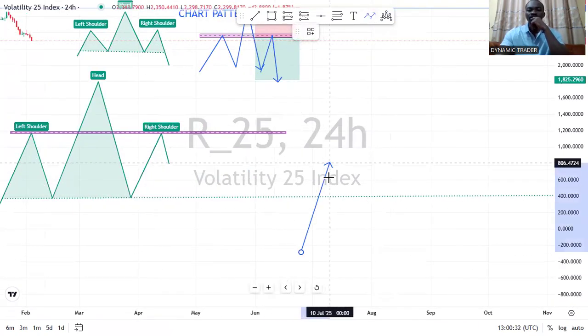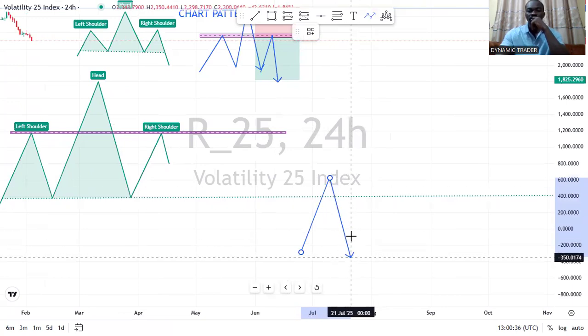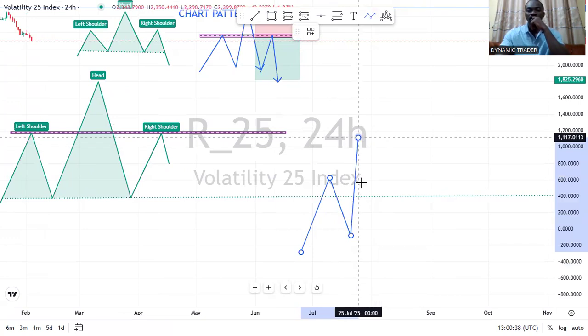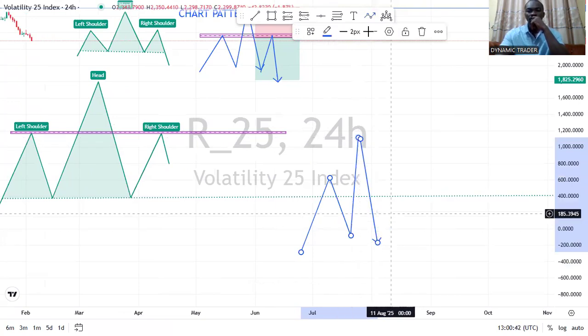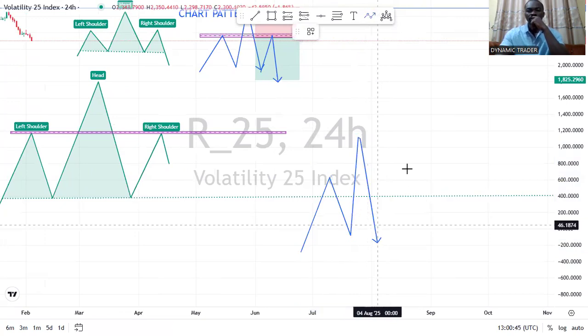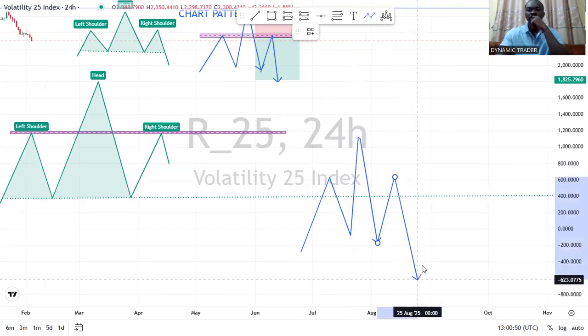I would want to see that the market has created this left shoulder, then the head, then the right shoulder, then breaking the previous swing low created.